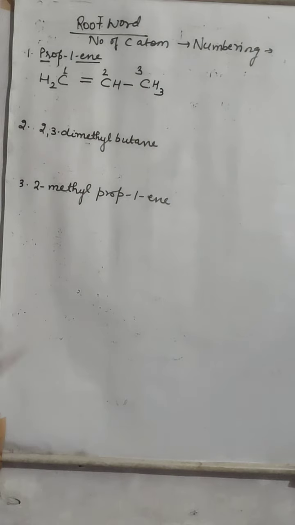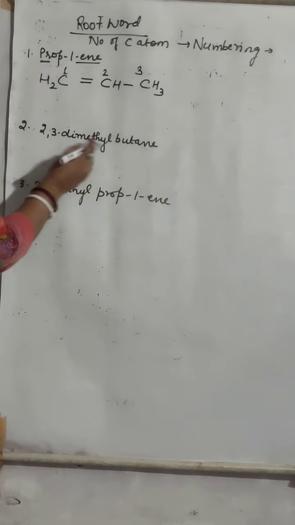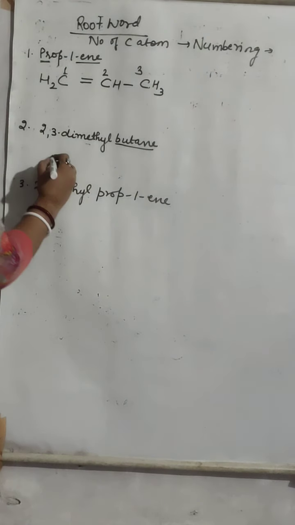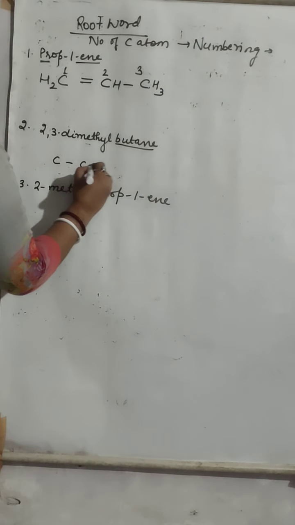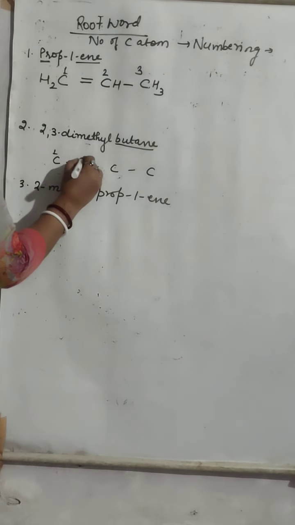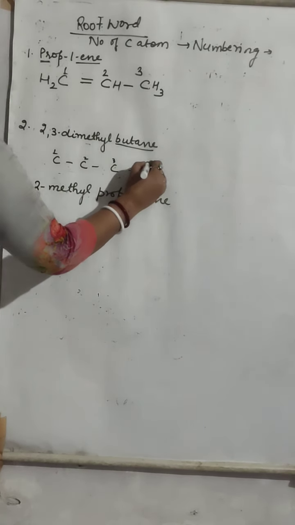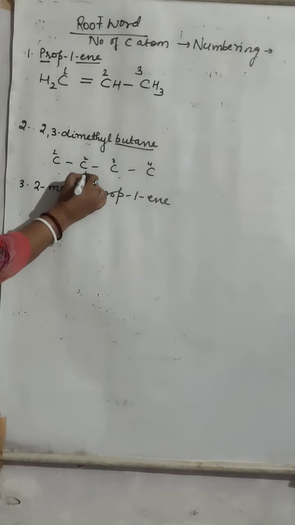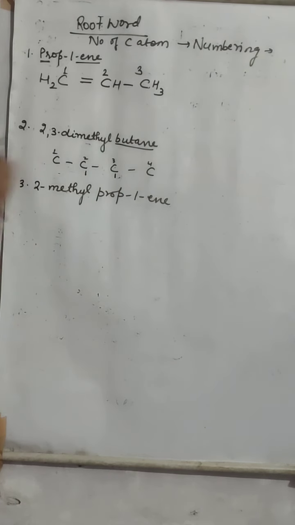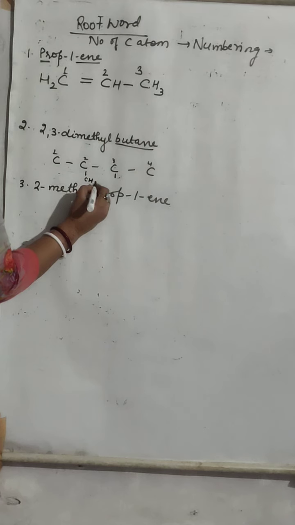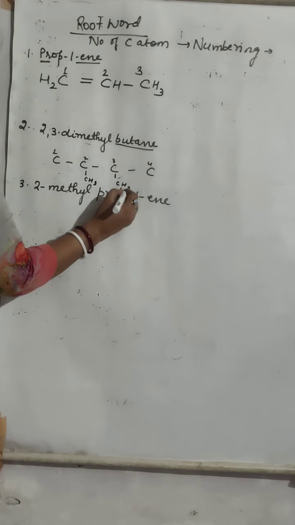Alright. Now 2,3-dimethylbutane. Butane is our root word, meaning how many carbons? 1, 2, 3, 4. Now do numbering. 2, 3 means on the second and third carbon, methyl is present, that is CH3 and CH3.